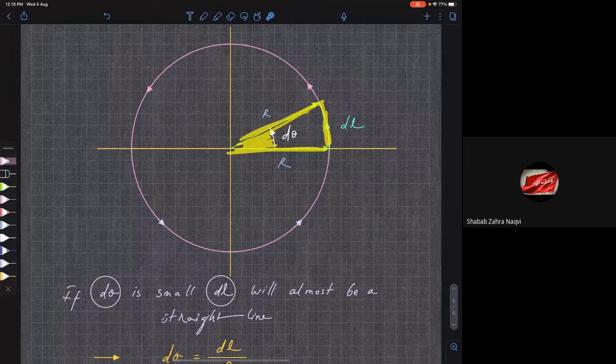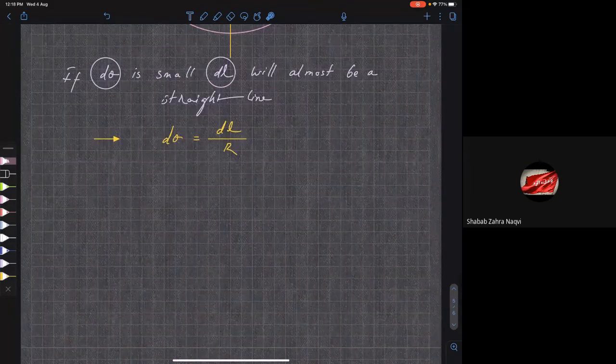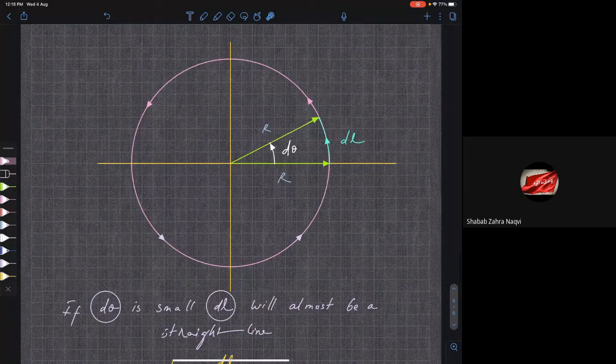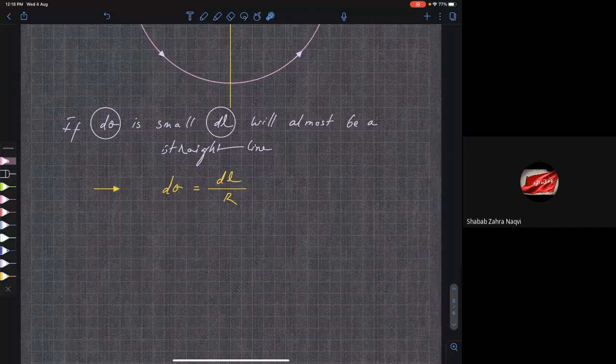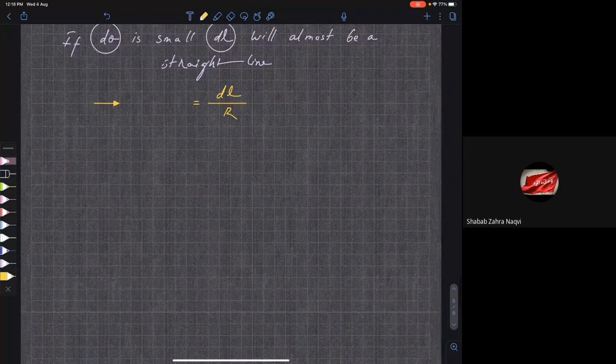We have seen that in the first chapter, basic mathematics, right? So, do you agree? d theta is equal to dl by r.